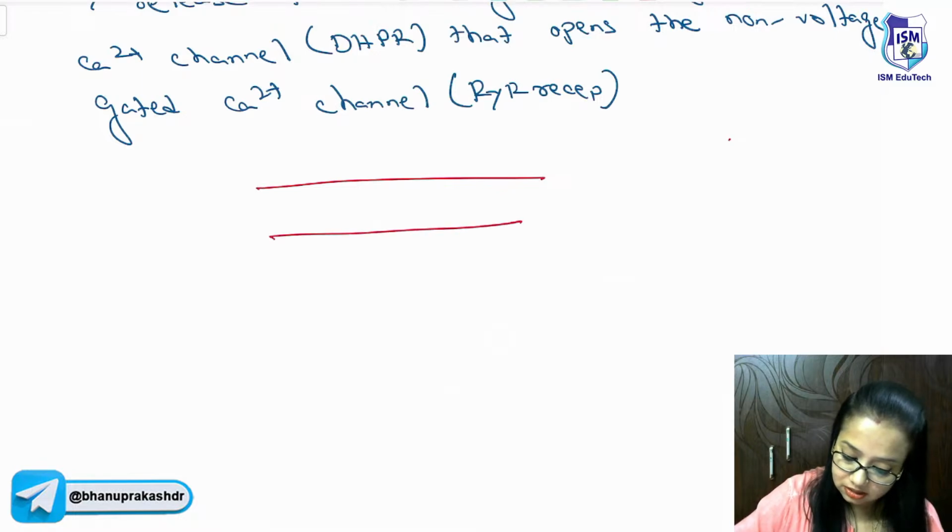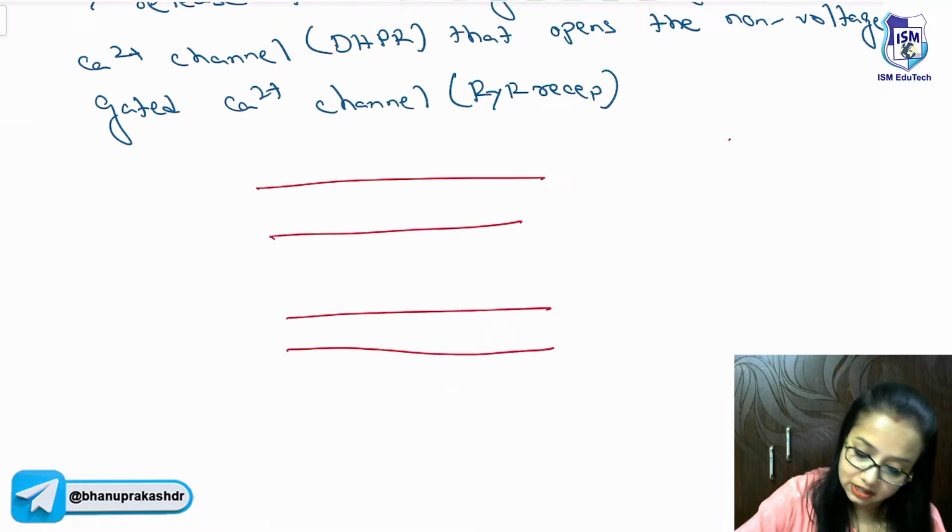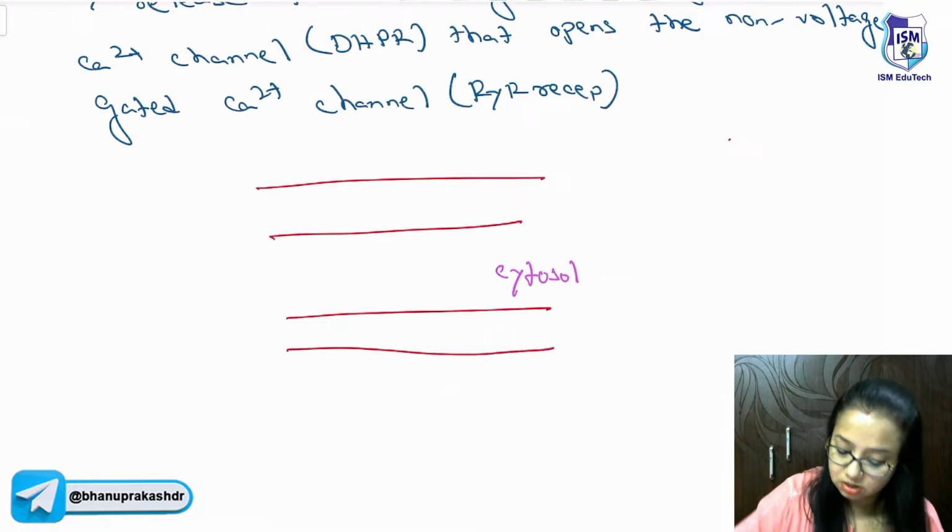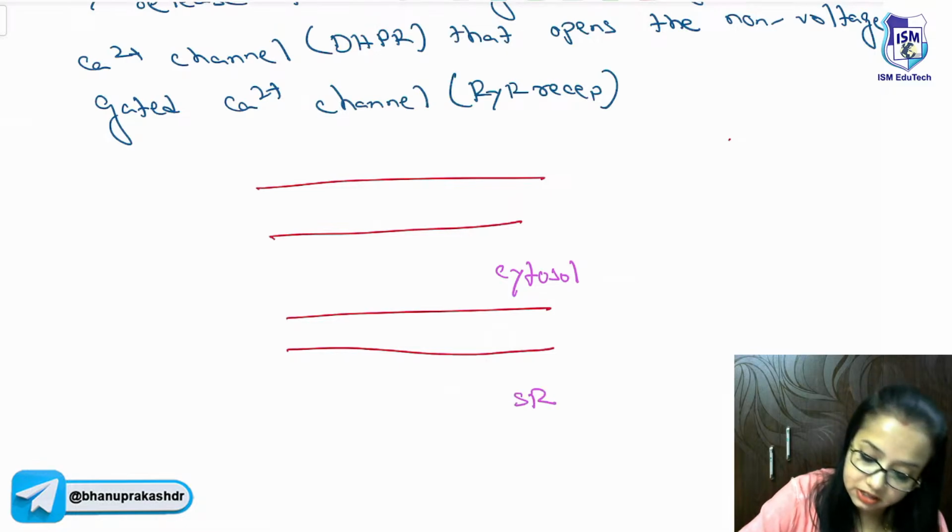So this lies something like this. This is the cytosol, and this is the sarcoplasmic reticulum.